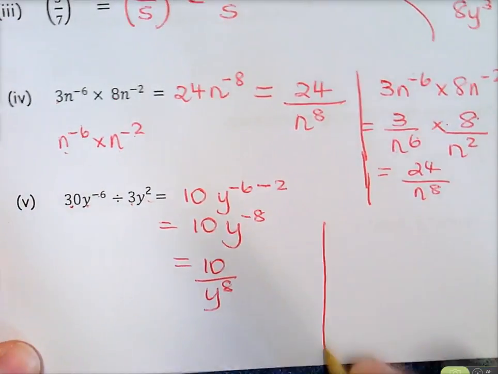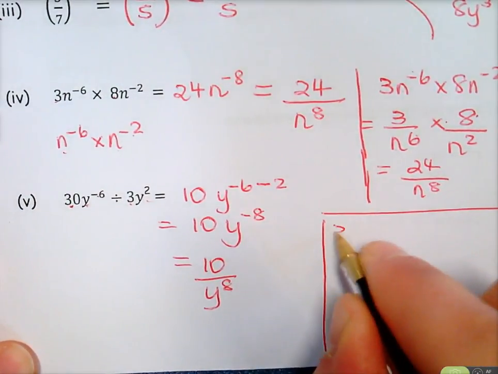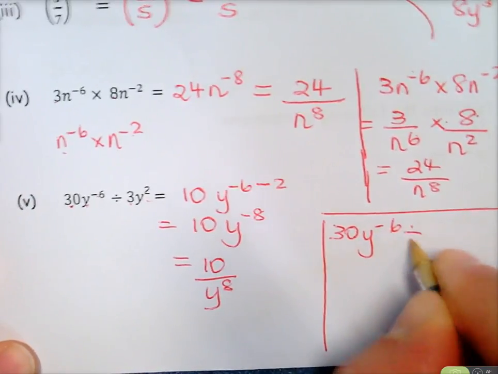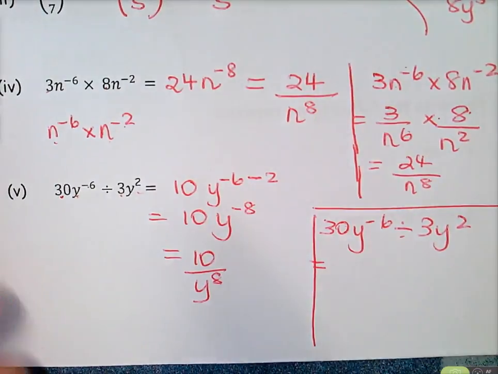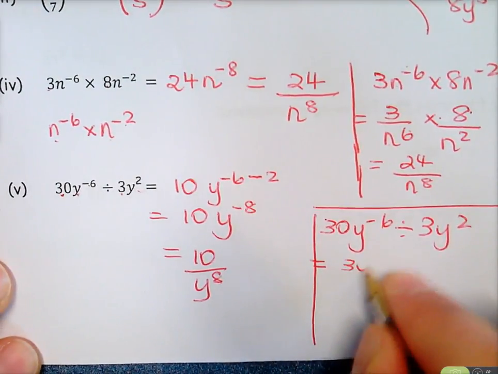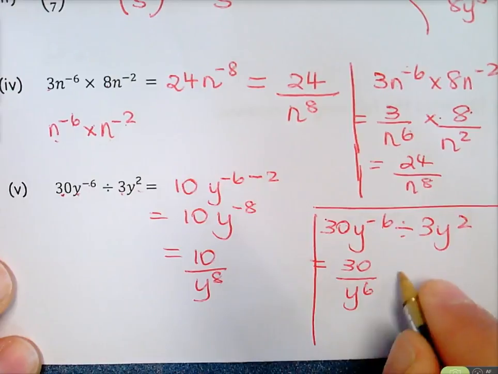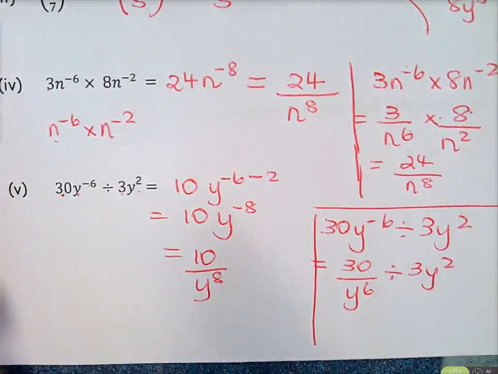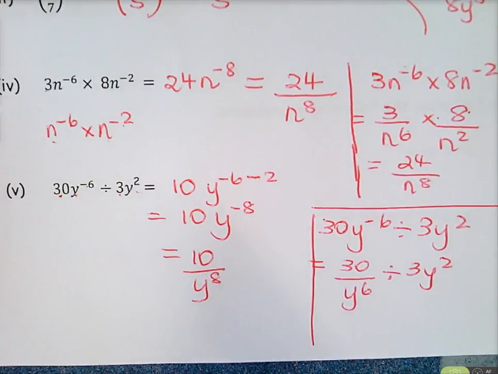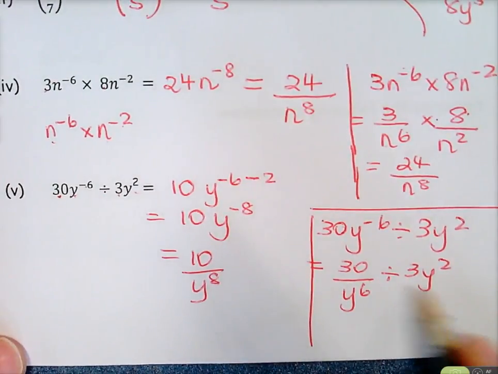Another way of doing it, I'll do it over here. 30y to the -6 divided by 3y squared. You can rewrite them with positive indices if you want. That's 30 over y to the power of 6 divided by 3y squared. See, girls, this is getting messy. I wouldn't do it like this. It's getting really messy. You know you can't do fraction divided by a number.